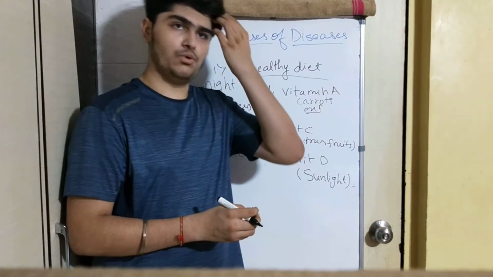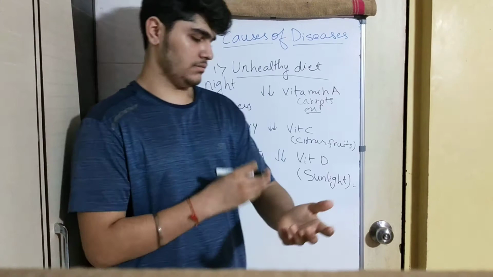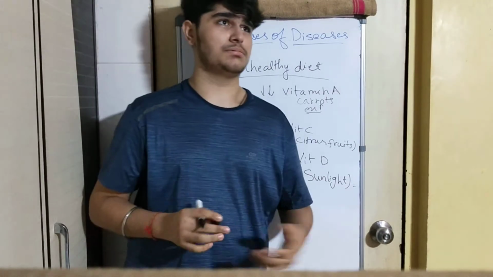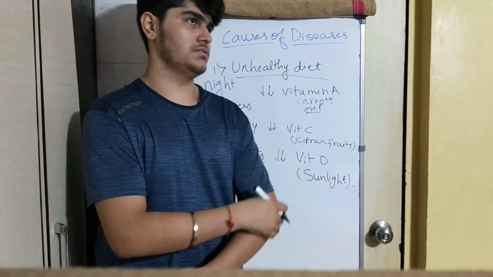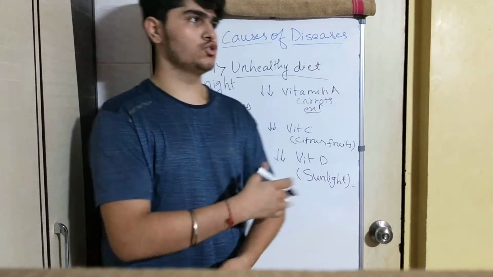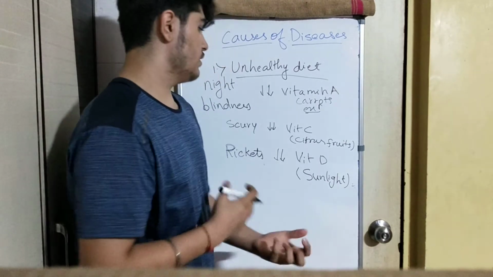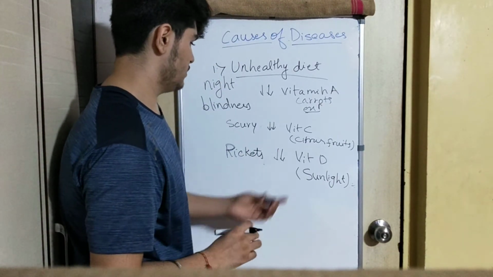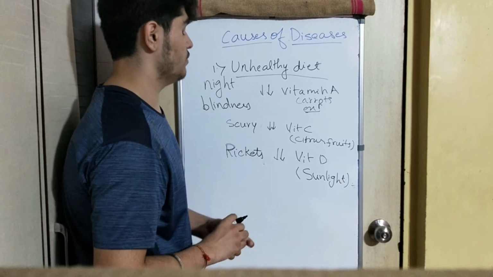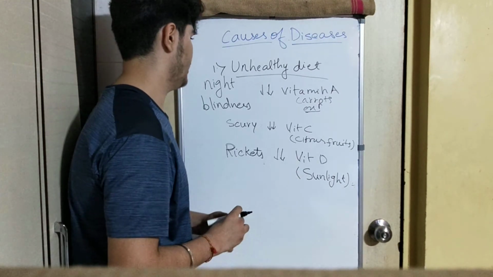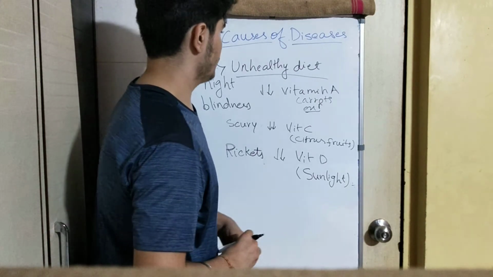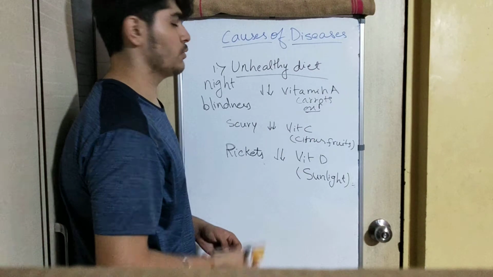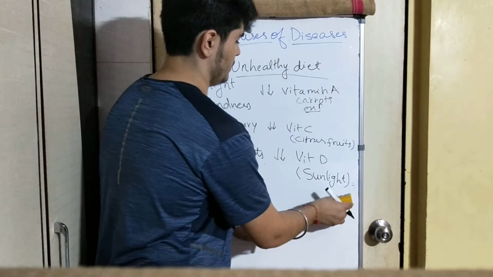When you are exposed to sunlight, the sunlight gets through your skin, and then there is a substance in our bones, so it strengthens our bones. That's why the sunlight is the main source of vitamin D. I hope you have copied it. You can copy by pausing the video.